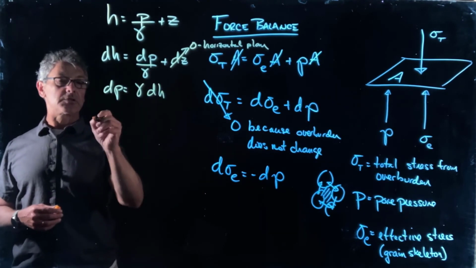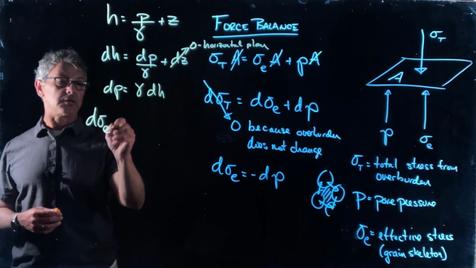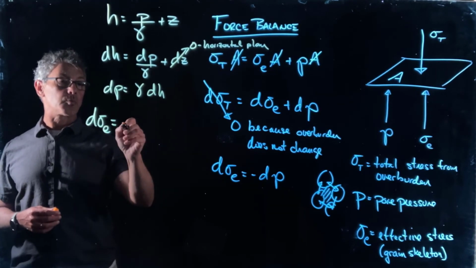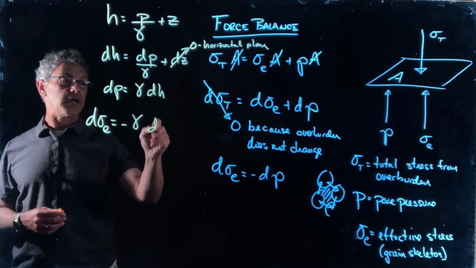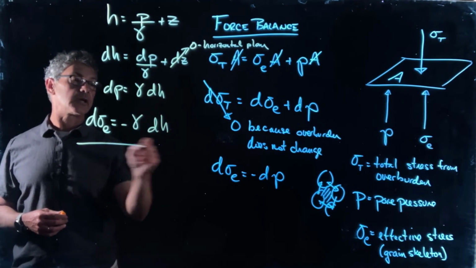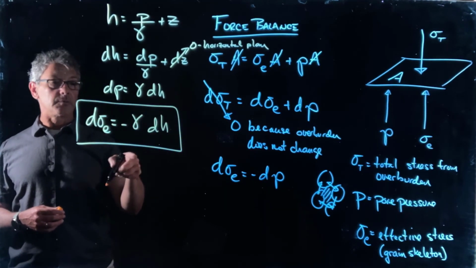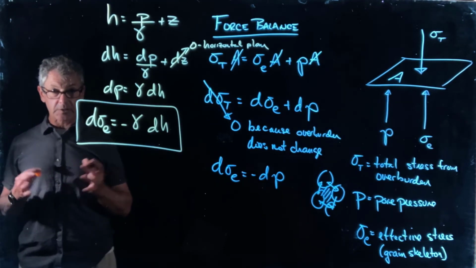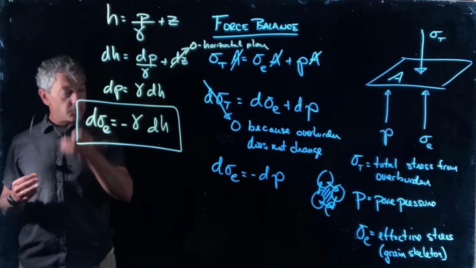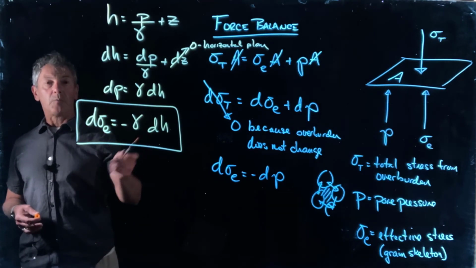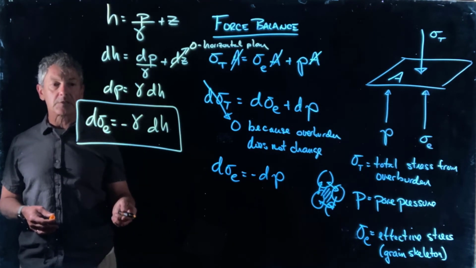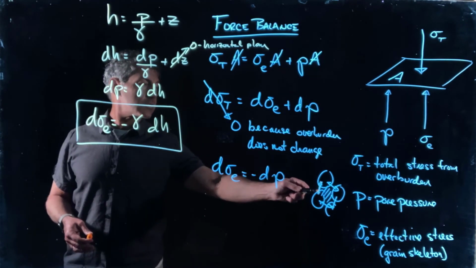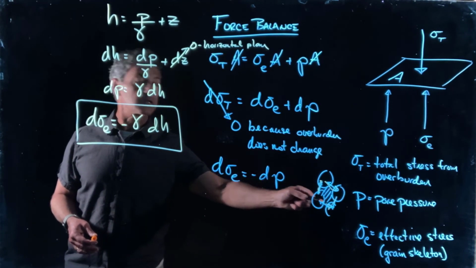And now we can substitute this back into our equivalency between effective stress and the pore pressure, and now we have that in terms of hydraulic head. So this expression that relates the effective stress and the hydraulic head is going to turn out to be important, because what it's suggesting is that when the head decreases, the effective stress increases, and that increases the stress between these grains.